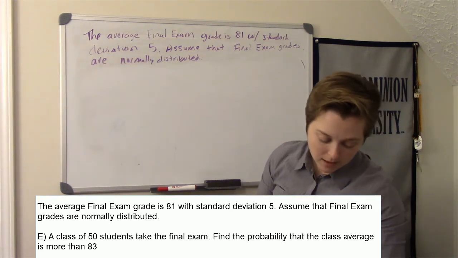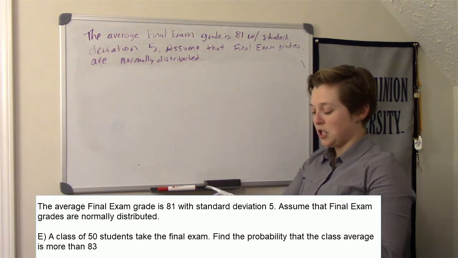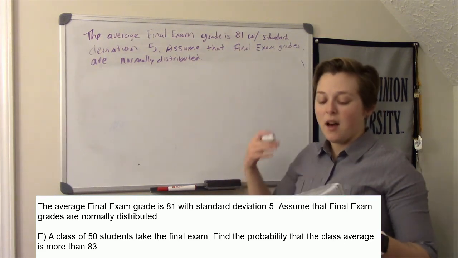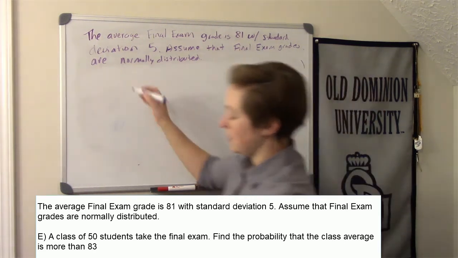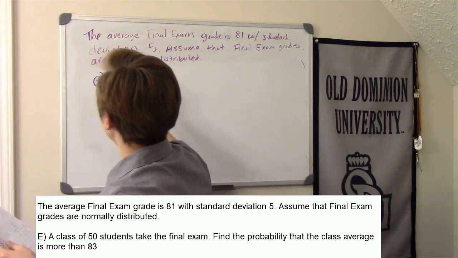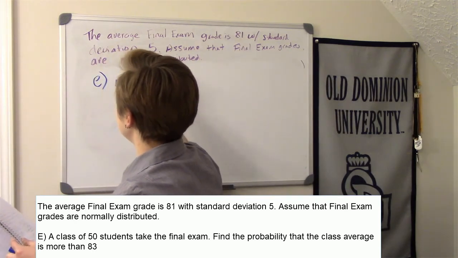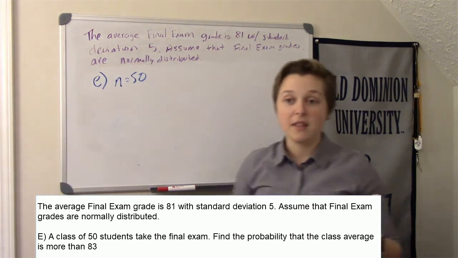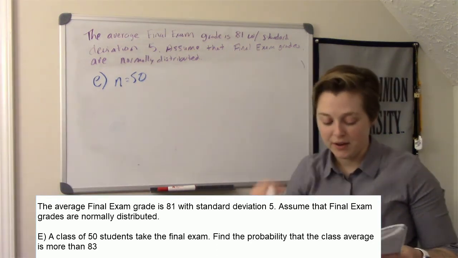So let us now do a question where we have a class of 50 students. This would be part E, I guess. We have a class of 50 students who take the final exam.